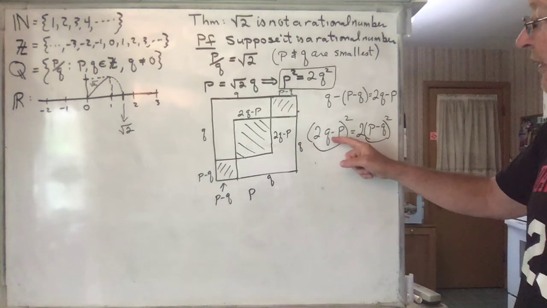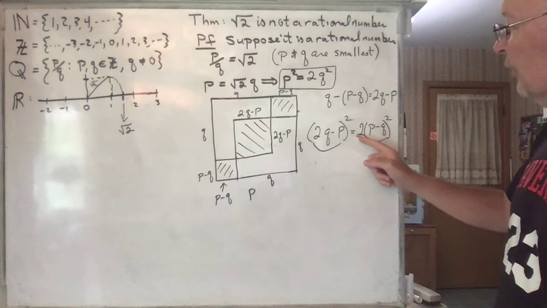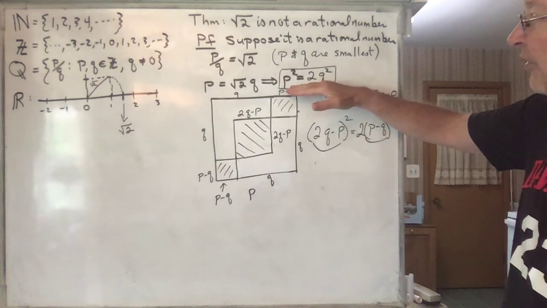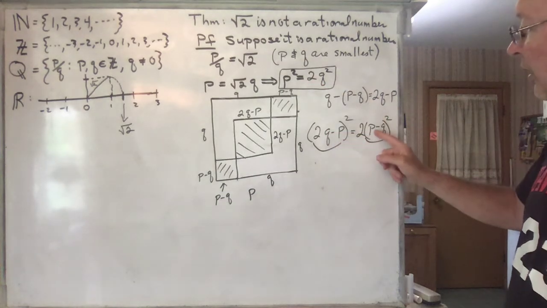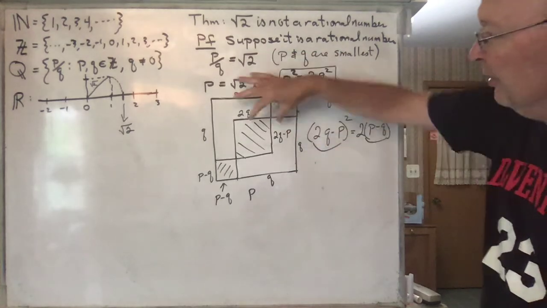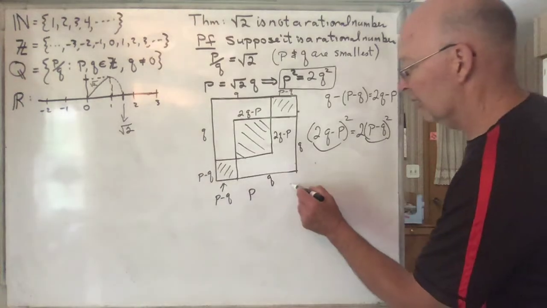Instead of p, this thing squared is equal to 2 times this thing squared, so it has the same relationship as this, but these two numbers are obviously smaller than these two. Look, p minus q, that's only that big, and 2q minus p is only that big. So there's a contradiction, okay?